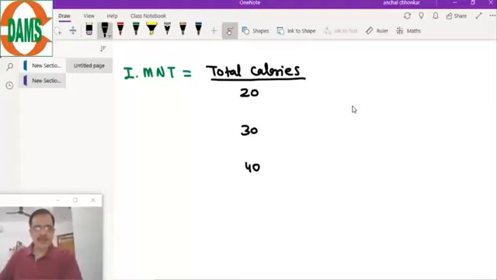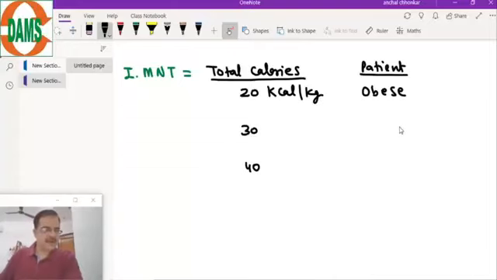A patient who is obese, where we want the patient to lose weight, we give total calories of 20, that is 20 kilocalories per kg body weight. So that is a weight reducing diet.